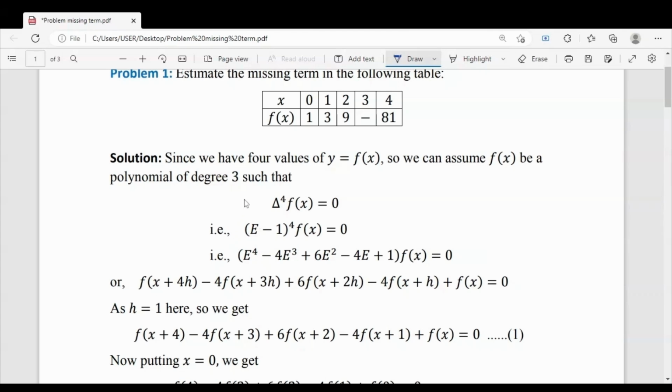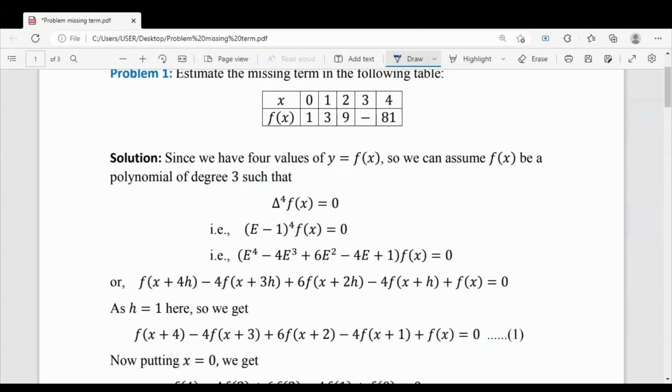To solve this problem, we have to identify corresponding to how many arguments the values of f(x) are given. We see that corresponding to 4 arguments the values of f(x) are given, so we can assume a polynomial of degree 3 whose corresponding values are given in this table.